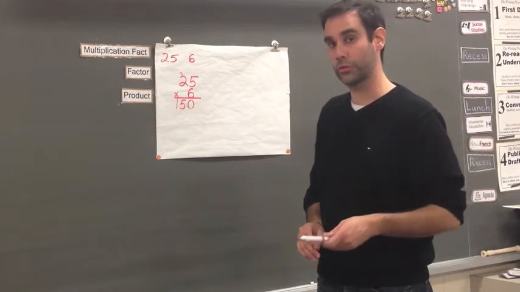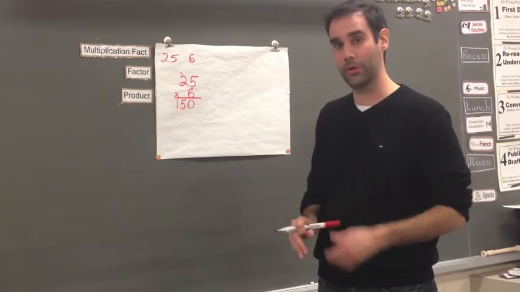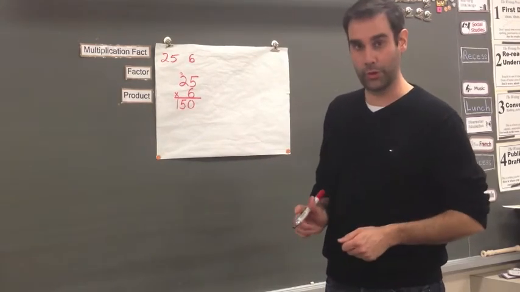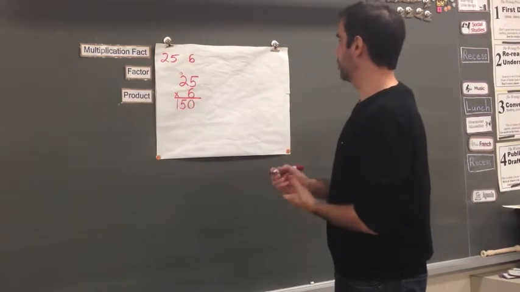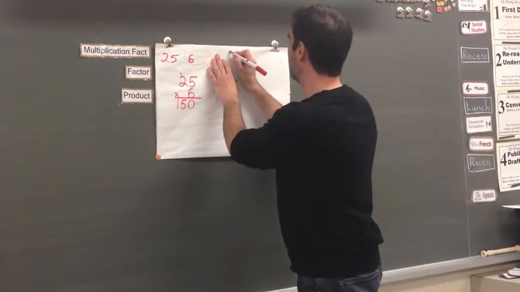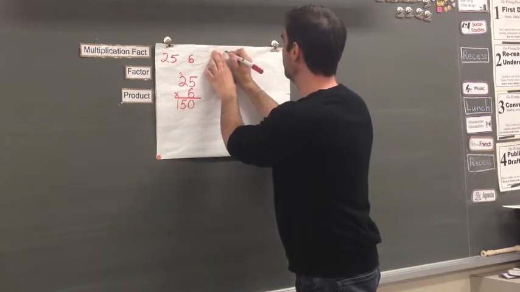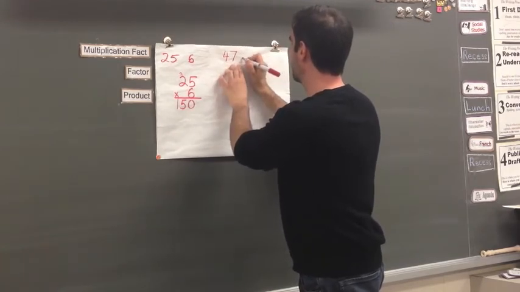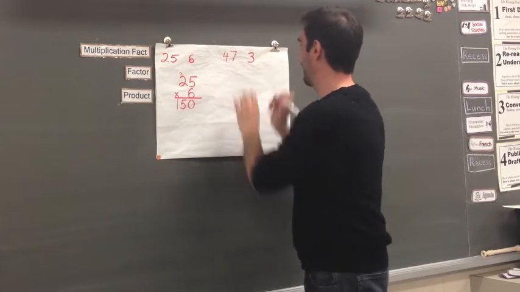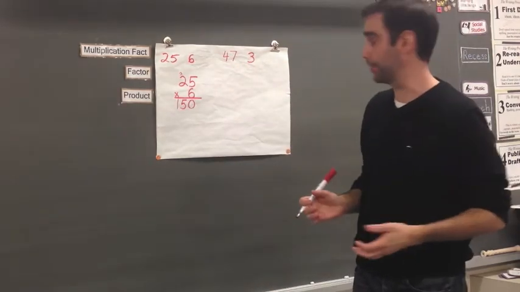Okay, we're going to do this again with another number. Get ready, copy it down, and do it with me. We're going to do 47 and 3. These are our factors, 47 and 3.